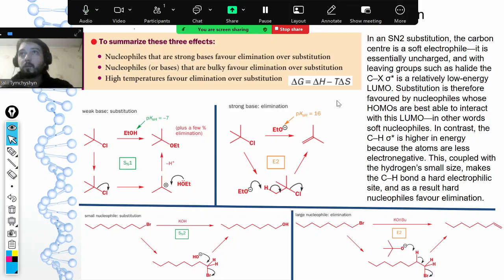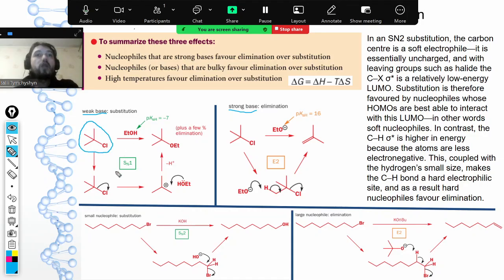Good. So what about the other cases? Let's consider this on some intuitive level. So here we have a weak base, and here we have a strong base. What happens if we have a weak base? It doesn't really want to attack this molecule.